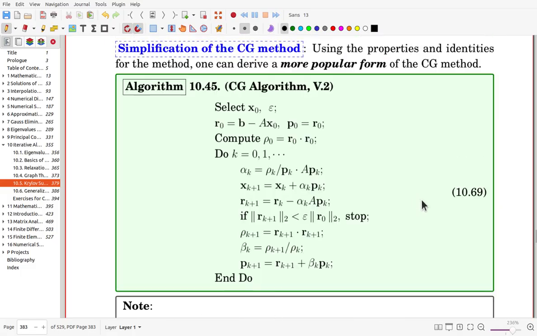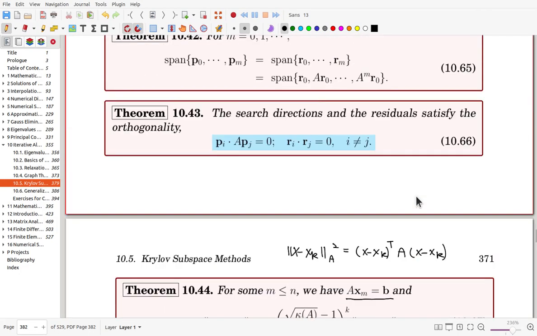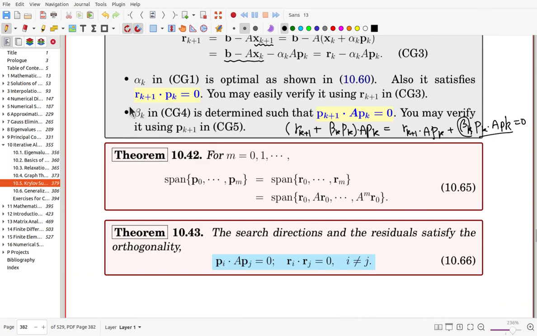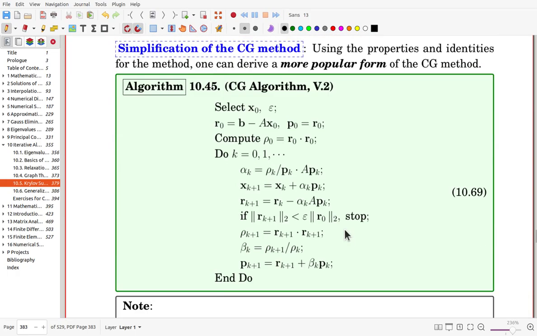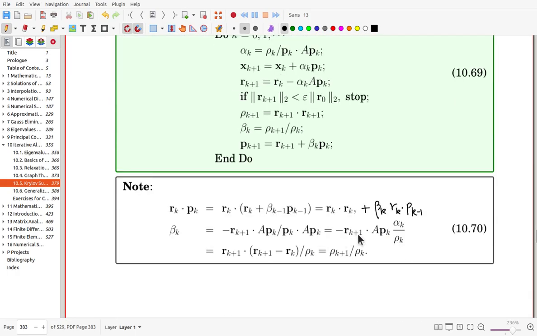But earlier we saw here that r_{k+1} dot p_k is 0. So we are using that, and we can ignore this portion. So we reset that one. We are using the rho notation here. In this way, we can change it.